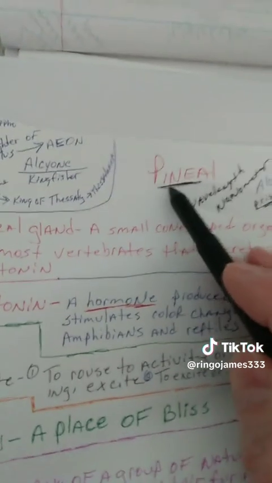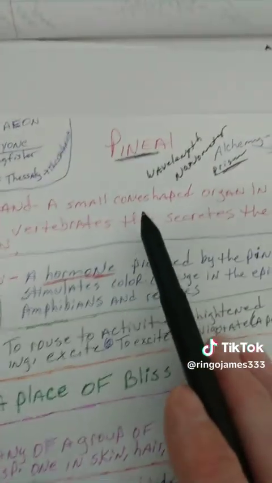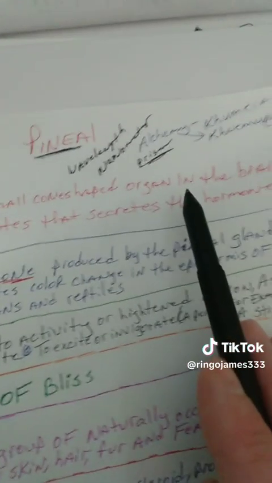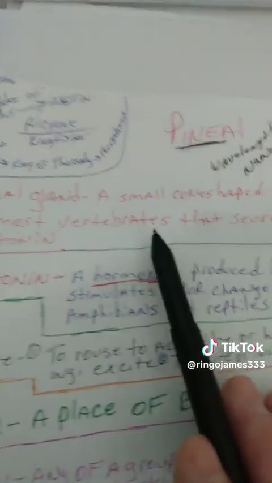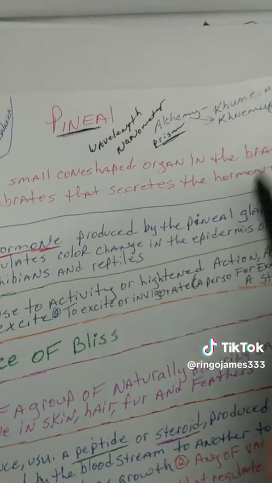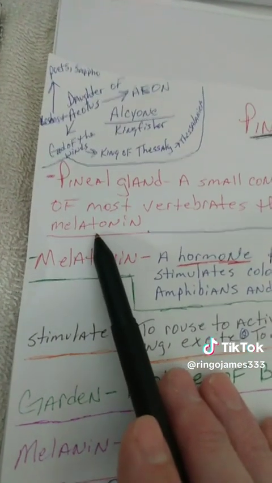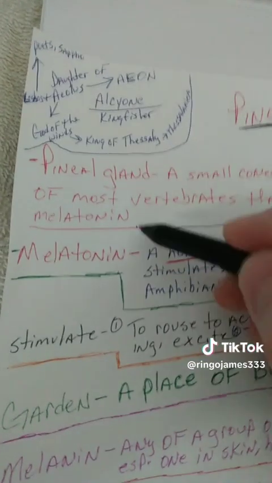So what is the pineal gland? A small cone-shaped organ in the brain of most vertebrates that secretes the hormone. Now, this right here is fixing to throw you for a loop. Melatonin. The key word right here is melatonin.